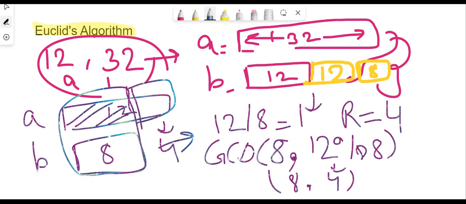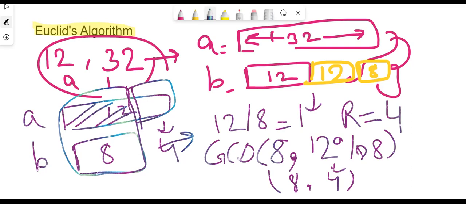Now I am remembering a quote: if you have a larger or a difficult problem, then replace that larger problem with a smaller or easier problem which has the same answer. So this is the concept behind Euclid's algorithm.